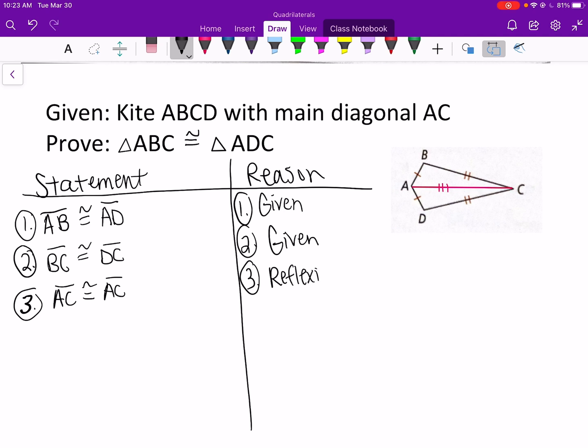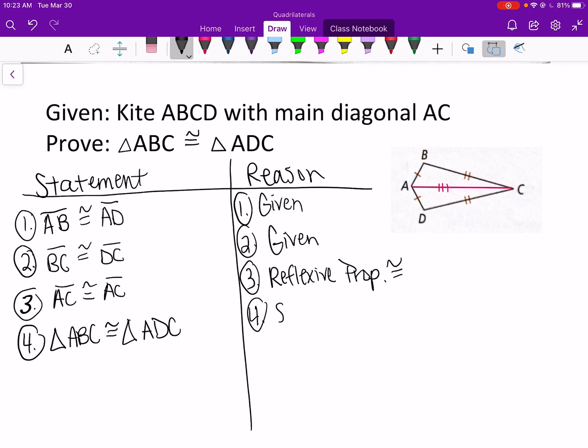Hopefully this is coming back to you guys. Now if you look at our picture, we have three sets of congruent sides. So triangle ABC is congruent to triangle ADC by side, side, side. Remember, that was one of our reasons for proving triangles congruent. We learned that at the beginning of the year.